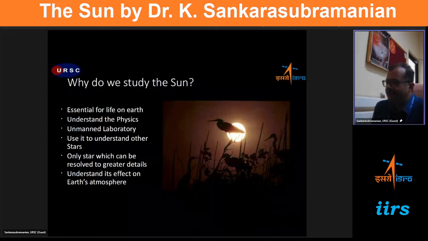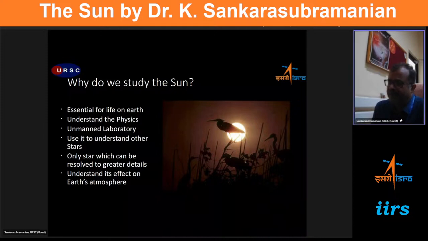And of course, the influence of the sun is not only the radiation coming from the sun. The sun also influences our Earth's atmosphere, which can modify our own climate on the Earth.